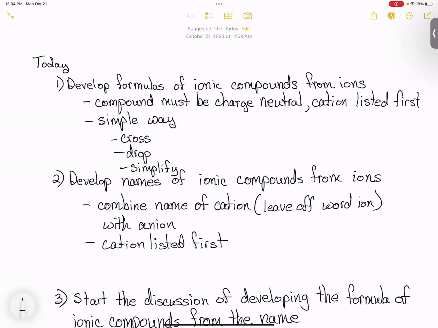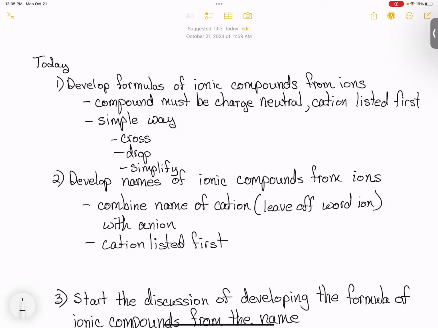When we write the formula or the name of an ionic compound, the cation, the positively charged ion, is always listed first. Now, we're going to find that the simplest way to think about it is to cross, drop, and simplify.